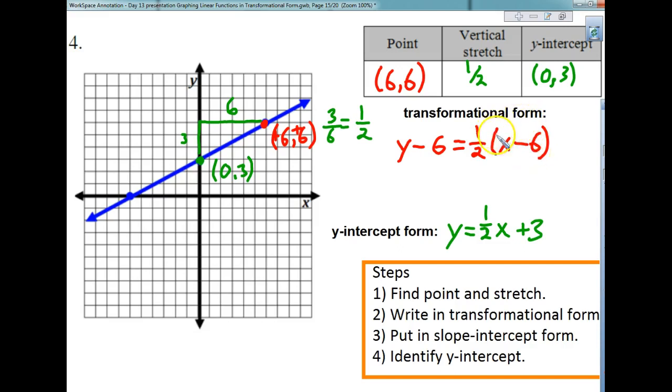Or maybe instead of parentheses, it's absolute value, and it's going to be V-shaped. Or this could be to the -1 power. Could be an inverse function, right? So there's lots of different things we can use this for, but the idea that it moves the same direction with the -6 and the -6 is what we're getting at, establishing that pattern.